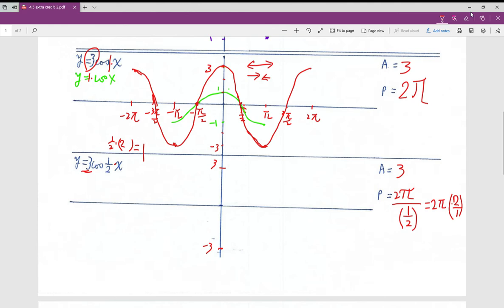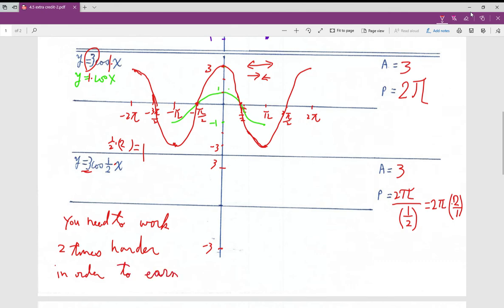You need to work 2 times harder in order to earn the same amount, right? Okay. So in order to earn the same amount, you need to work double.